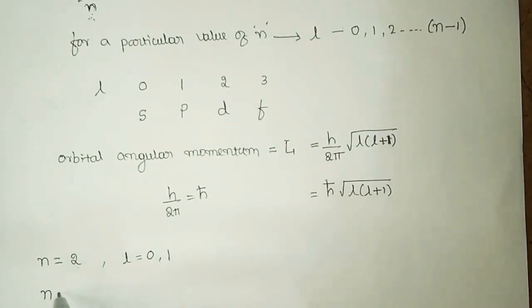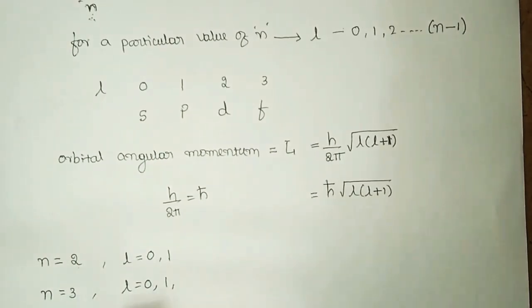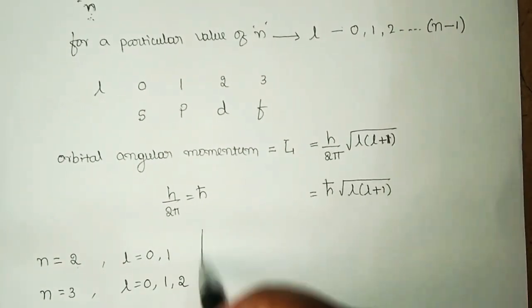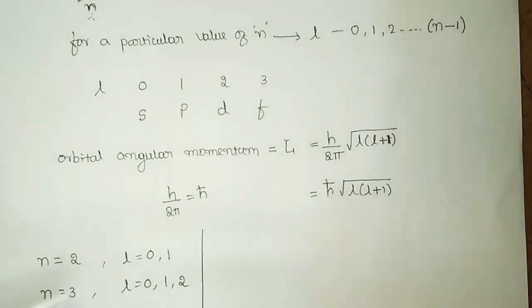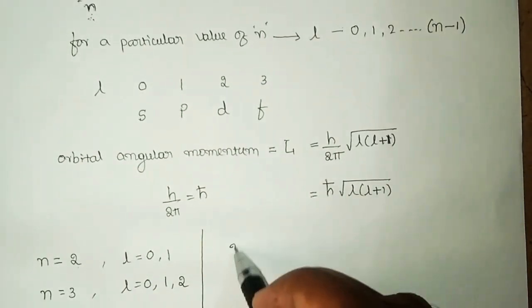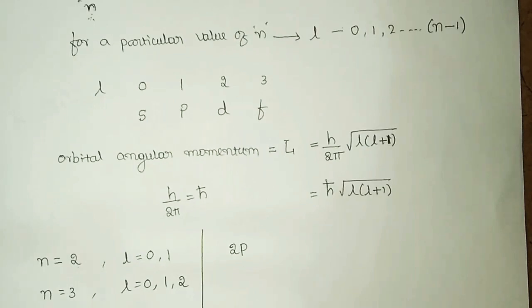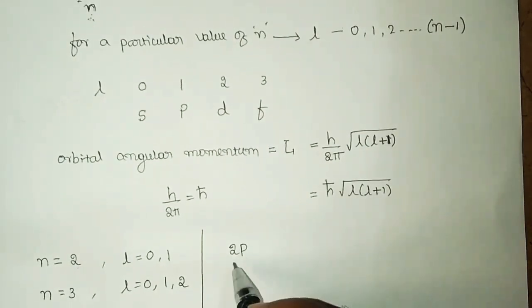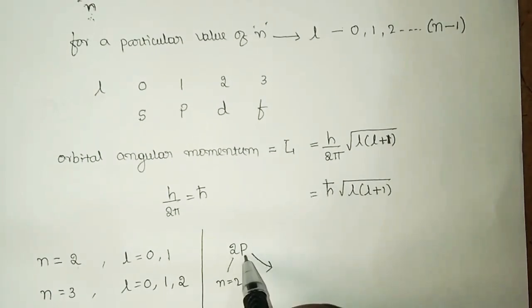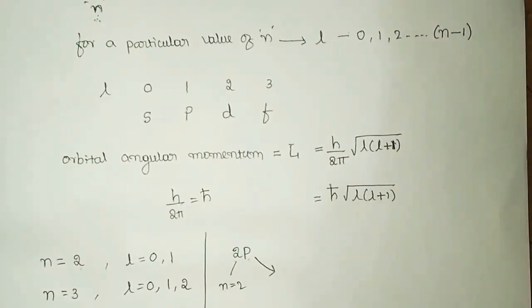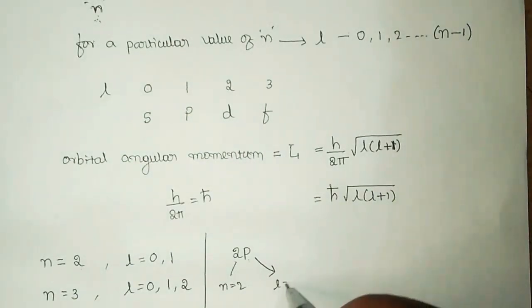If the value of n is equal to 3, it can take the values 0, 1, and 2, since 3 minus 1 will be 2. So the l values will be restricted up to 2 only. And now we shall calculate the orbital angular momentum of an electron present in the 2p orbital. So in the 2p orbital, the n value is 2 and we have the p subshell, and for p the l value is 1.